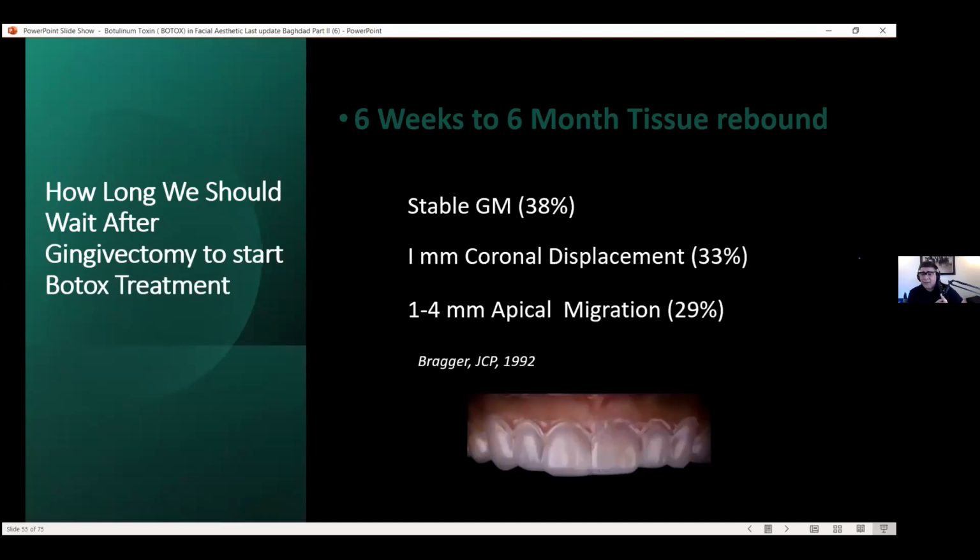And in 33%, he found 1 millimeter coronal displacement and 1 to 4 apical migration, which is a good percentage. Still, we have 29% of apical migration after gingivectomy. That's why I have to wait 6 weeks to 6 months before I start my botulinum toxin, depending on the tissue rebound or tissue relapse. So please, when I combine, I have to start botulinum toxin after my gingival surgery.